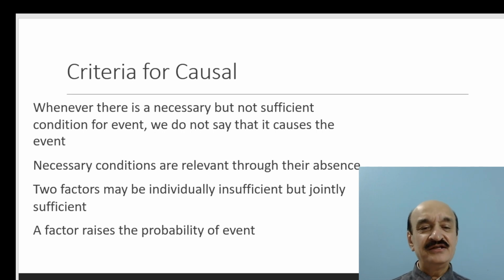So, necessary conditions are relevant through their absence, and two factors may be individually insufficient but jointly sufficient. And sufficiency raises the probability of the event but does not necessarily create the problem.